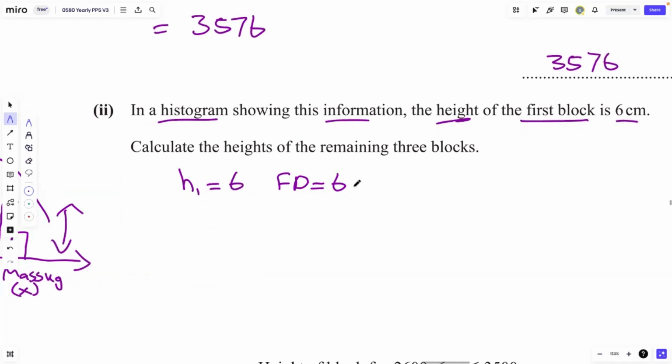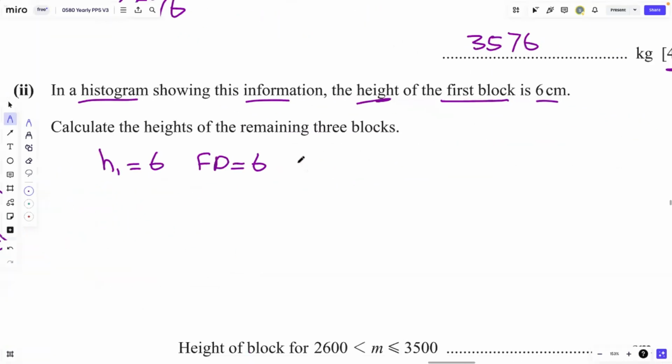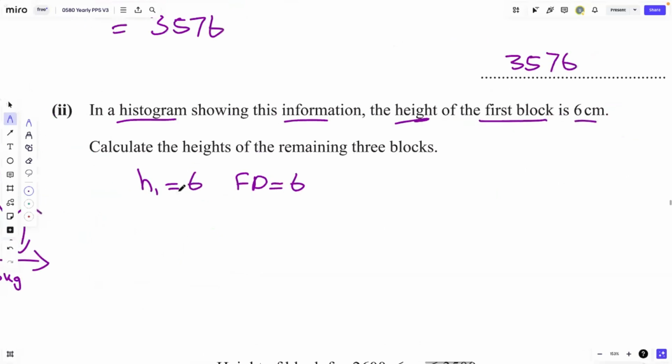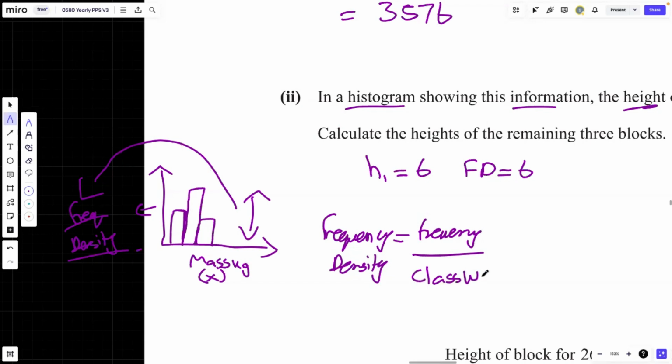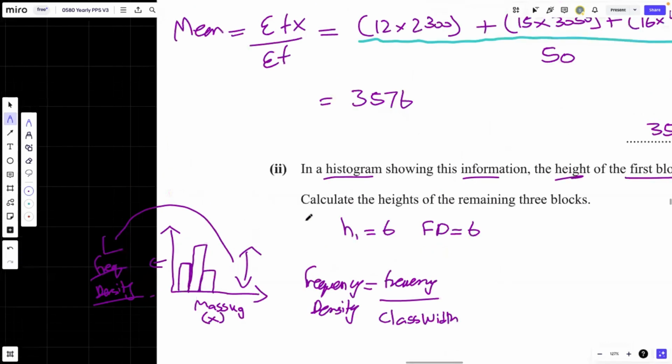Now we need to know the formula that connects frequency density, frequency, and class width. So the formula that we should have knowledge of prior to this is that frequency density is just frequency divided by class width. Now, what's class width?